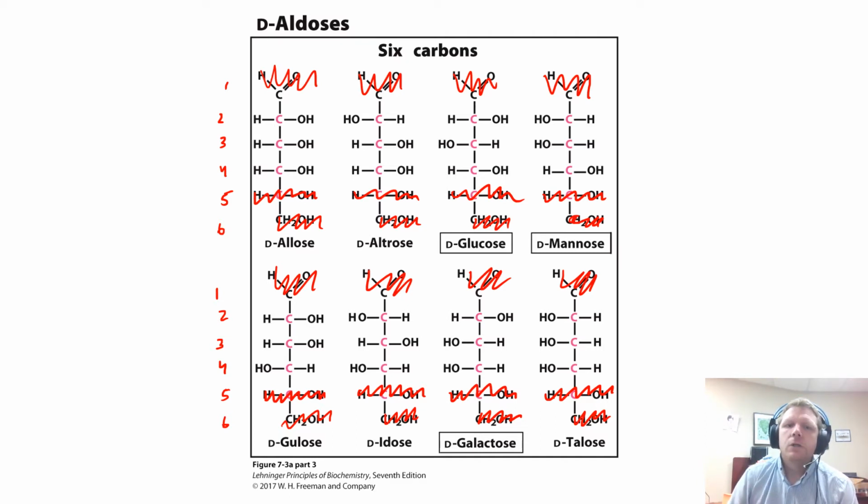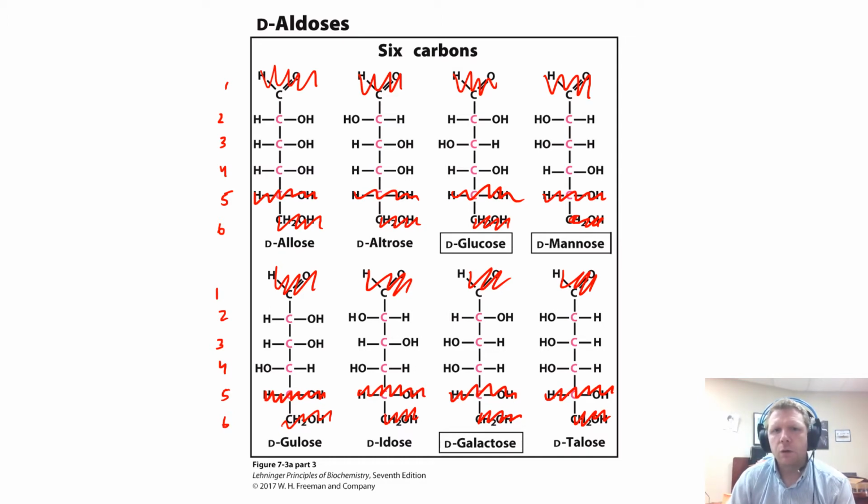There are tons of mnemonics that you can look up online, and they're all clever. But what I would recommend, and like I said, you're not going to have to draw these, is that you be familiar with the relationships between sugars. For instance, I will give you the structure of glucose.